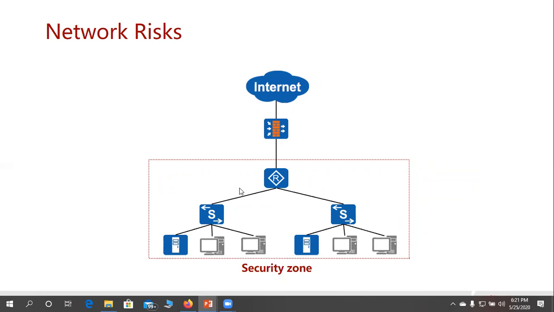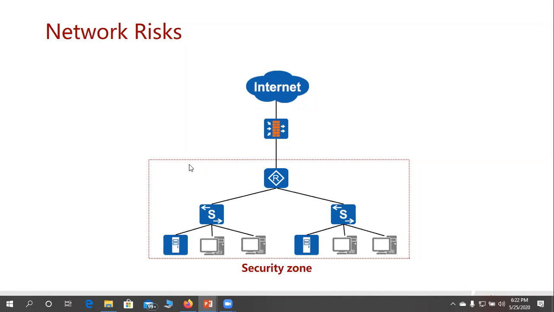These zones have what are known as security levels. So we can have our internal network. Let me just divide this into two.